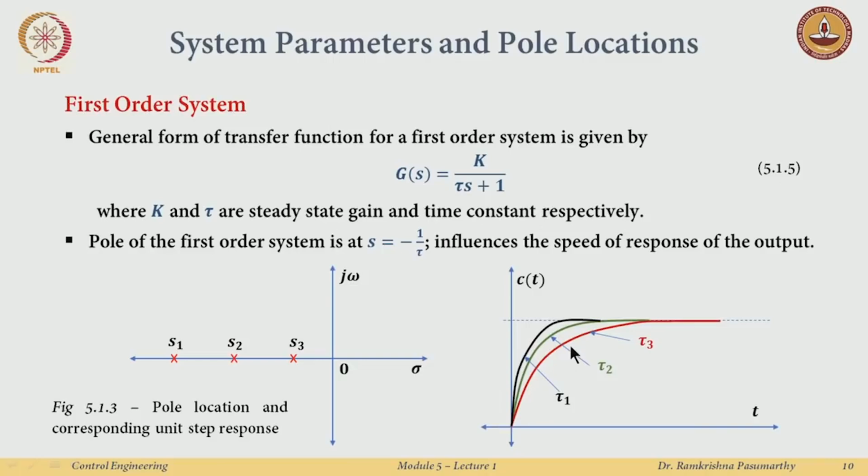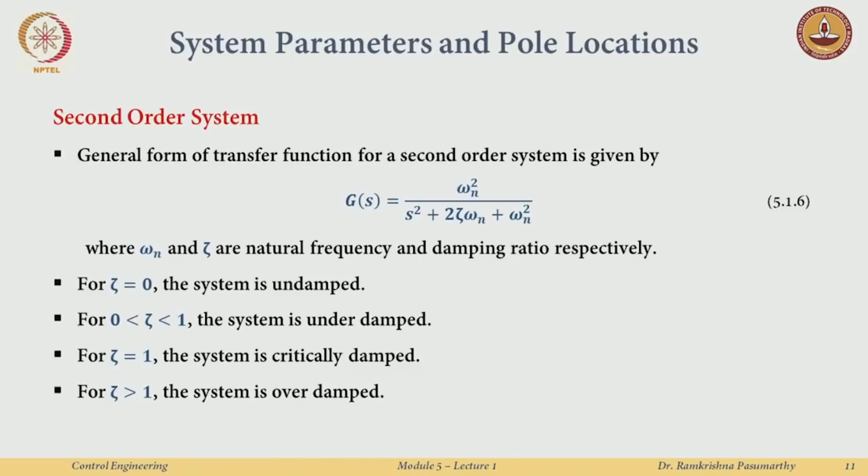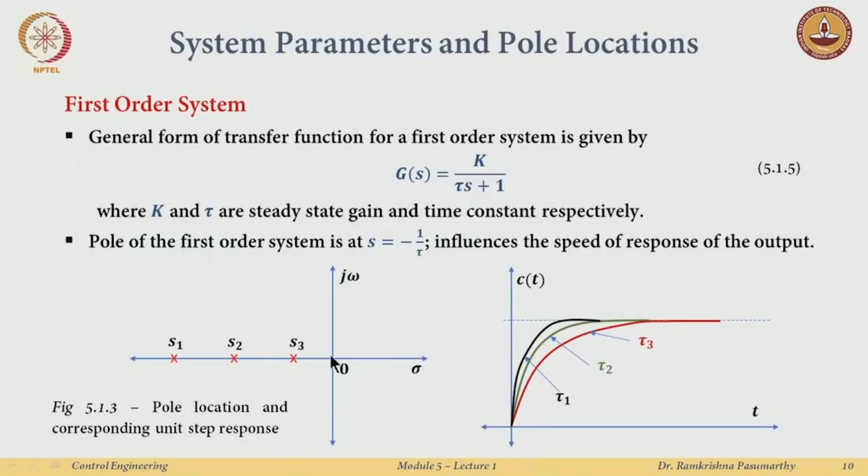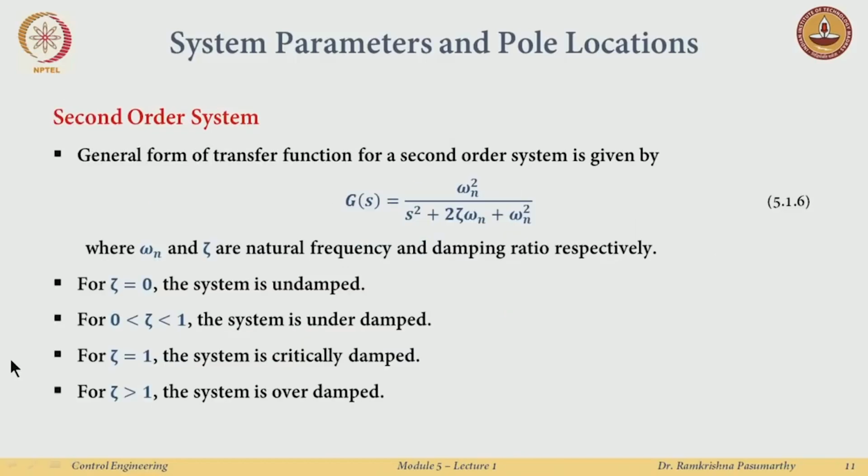This we did while analyzing first order systems. In general, first order systems were very easy. All the poles are on the real line, so based on their location I would determine how fast or slow they are; the slowest would be here and the fastest would be further away from the origin. However, for second order systems there were a little more details.